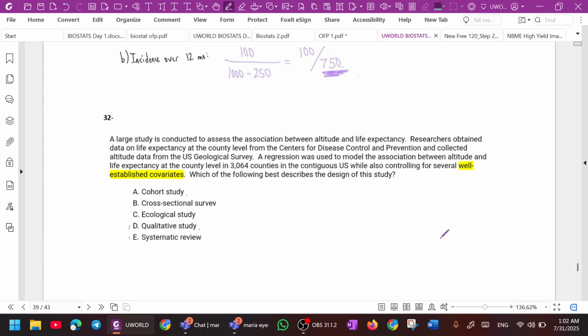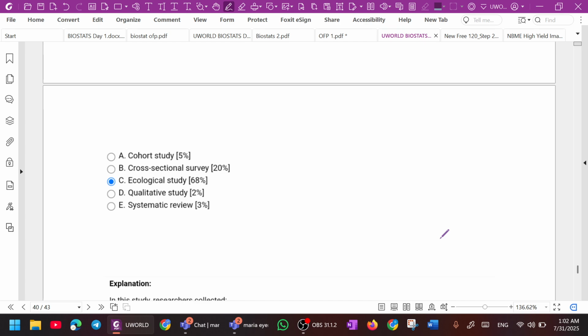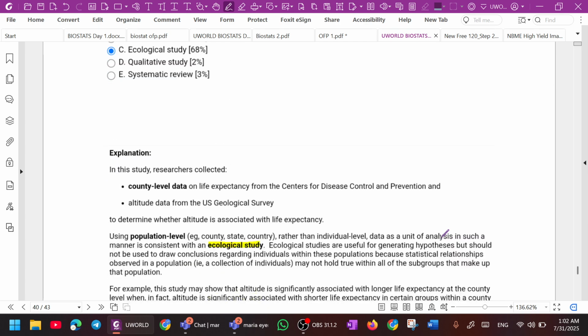Okay, you can read the explanation. In this study, researchers collected county-level data on life expectancy from the Centers for Disease Control and Prevention, and additional data from the US Geological Survey, to determine whether altitude is associated with life expectancy.